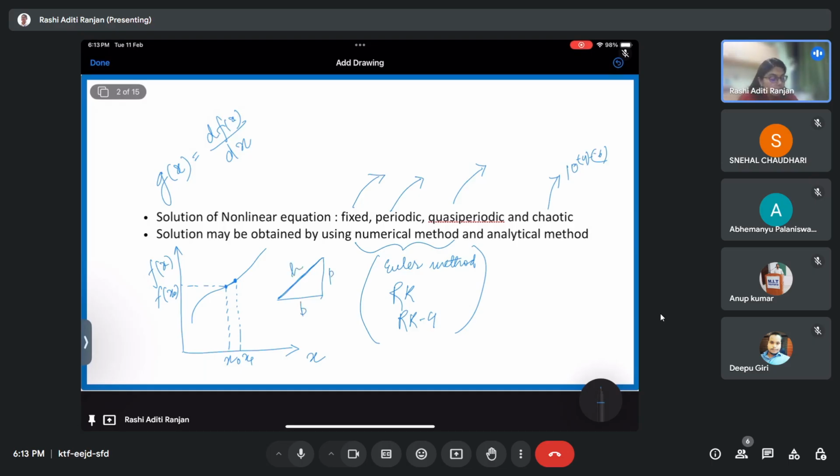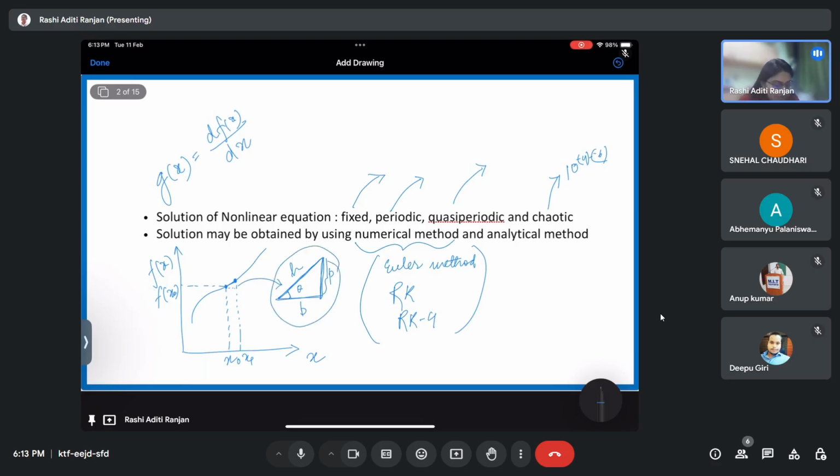Now, if I know the slope, then I can use this concept in order to get the value, since I know tan theta, right? So I can get this value. This is a zoomed view, okay?